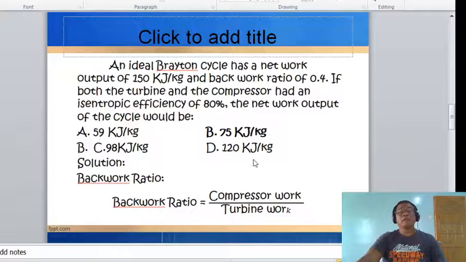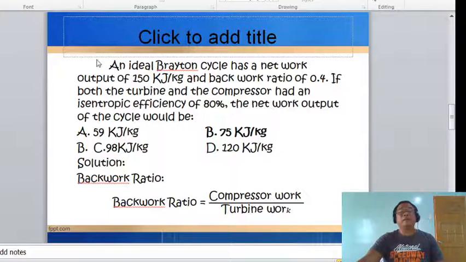Next we have another multiple choice problem. An ideal Brayton cycle has a net work output of 150 kilojoules per kilogram and a back work ratio of 0.4. Take note, class, that we have here the back work ratio. A back work ratio is the ratio of the compressor work and the turbine work.